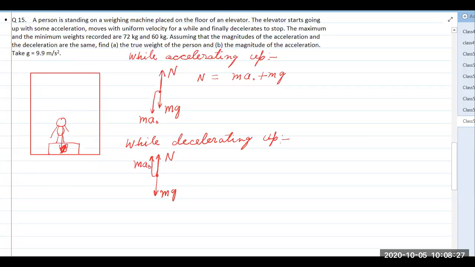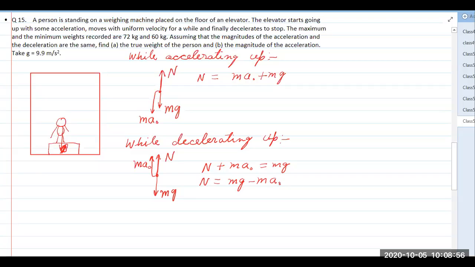Why is pseudo force acting up? Because the lift is decelerating upward, or accelerating in the downward direction. So acceleration is downward, and pseudo force will be just opposite to that. So here we can write N plus ma0 equal to mg, or N equal to mg minus ma0.